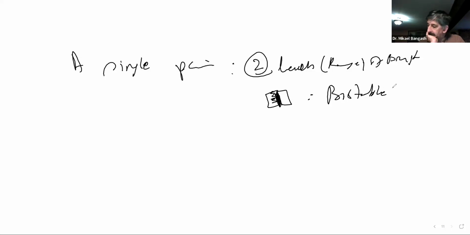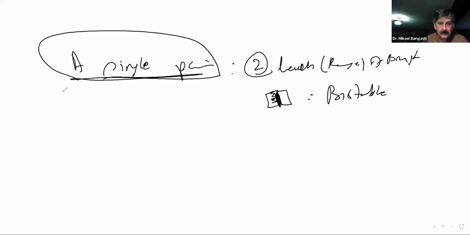Clear? Did you guys get that? Yes. And what makes it bistable is that they set the limit at a single pair, or just two shades. Clear?